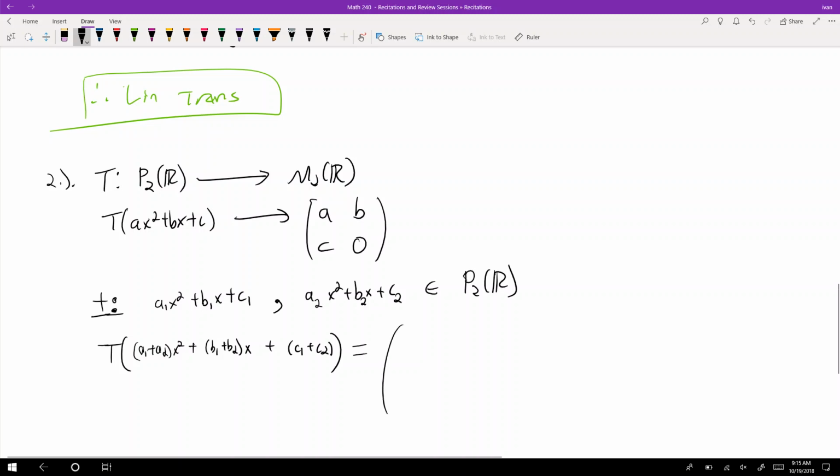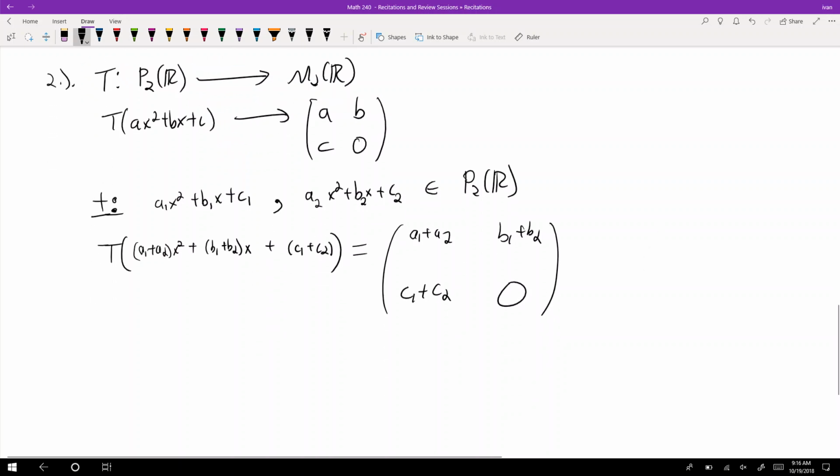And what is this equal to? Yeah. So I just take the coefficient in front of whatever term and put it appropriately. So a1 plus a2 is in front of my x squared term, so that goes up here, a1 plus a2. And then my b term, the term in front of the x, goes in the top right, so this becomes b1 plus b2. Then I got c1 plus c2, and I get a 0 on the bottom. Okay, what is this equal to?